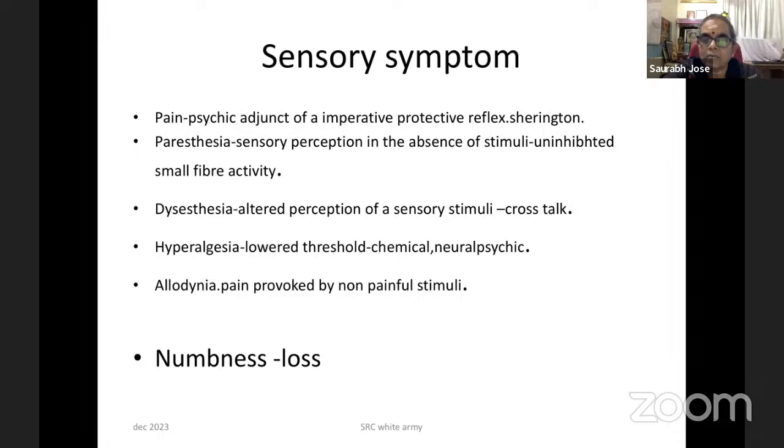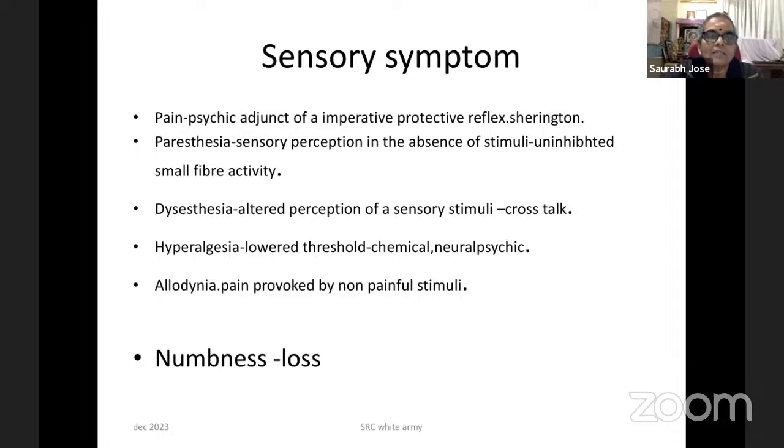We have studied it in our physiology. Whenever a painful experience is happening, you don't know what is happening. Is it heat or pressure or cold or touch? First it is pain, and that means you protect yourself. When you remove your body part, you know it is fire. So that is called the Lewis double response. The first response is pain, and the second response is the specific sensory stimulus.